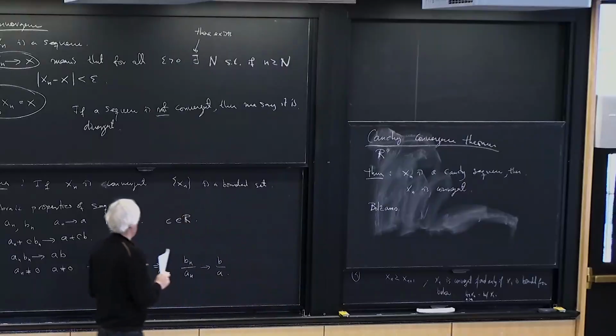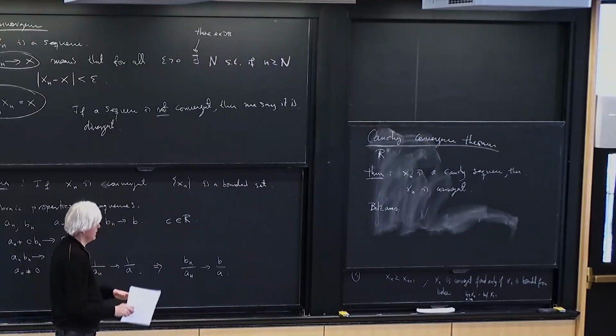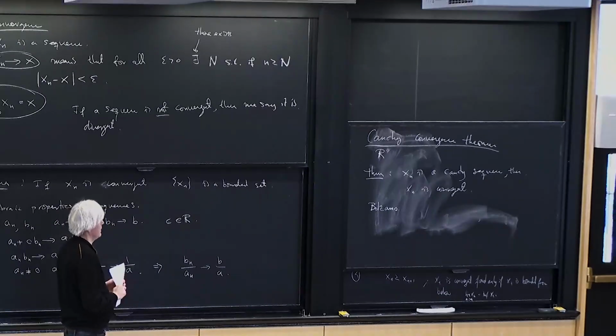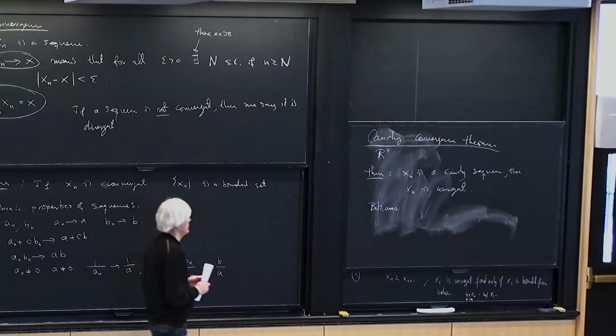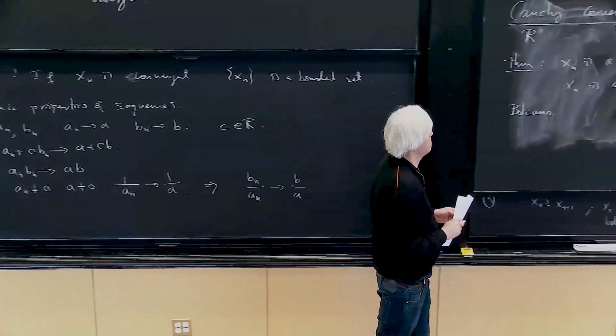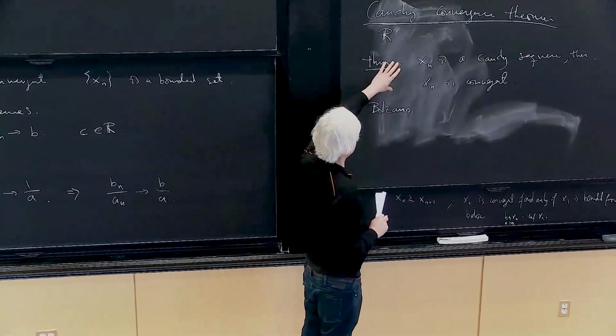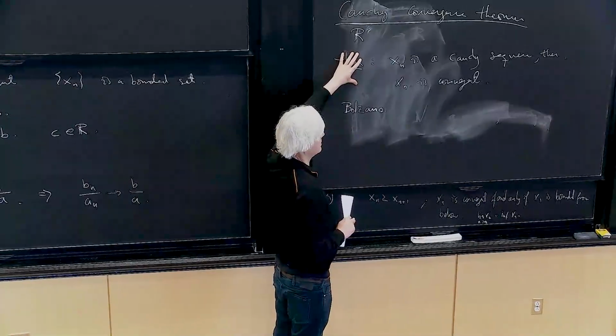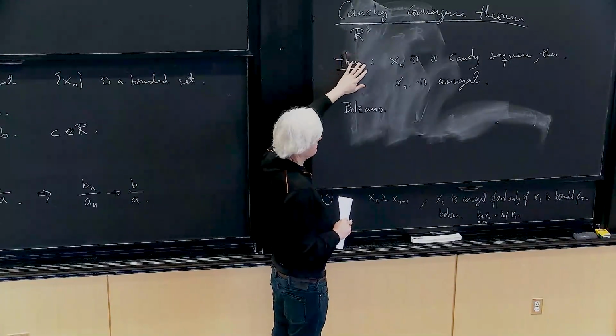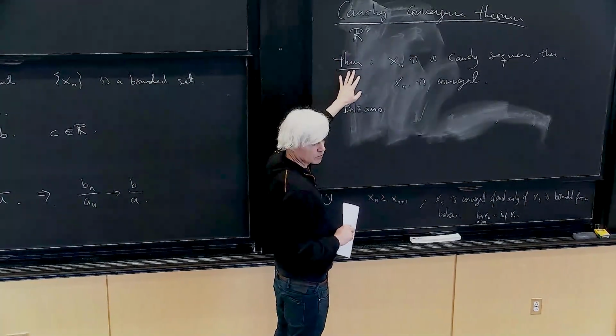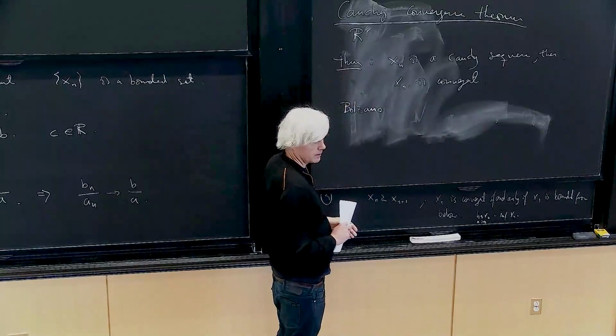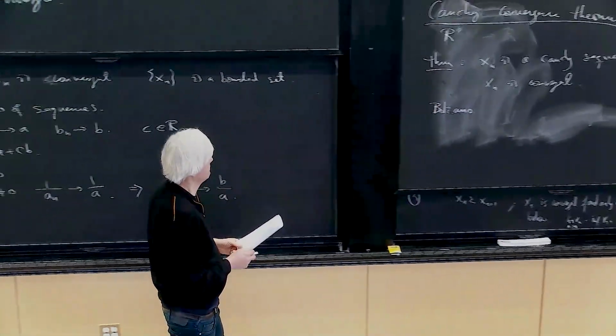When we in a minute review metric spaces, convergent sequence makes sense in a metric space, and Cauchy sequence makes sense in a metric space. The statement of this theorem makes sense in a metric space, but it does not always hold. It holds in R, but it doesn't hold in a general metric space.